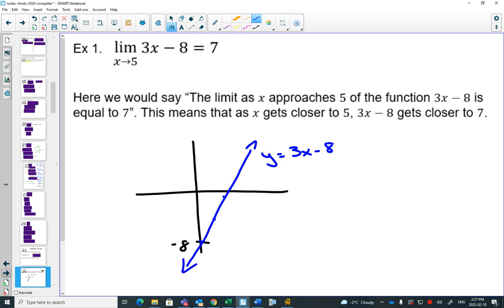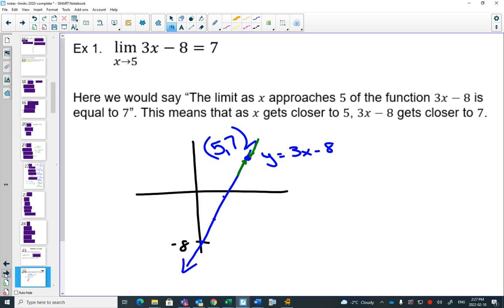And on that straight line, if we plugged in the point x is 5, we would get the point (5, 7). The idea of the limit says, if you are getting close to it from this direction and close to it from this direction, when you're getting close to 5, what is the y value getting close to? And it's really obvious to see from the line, it's getting close to 7.